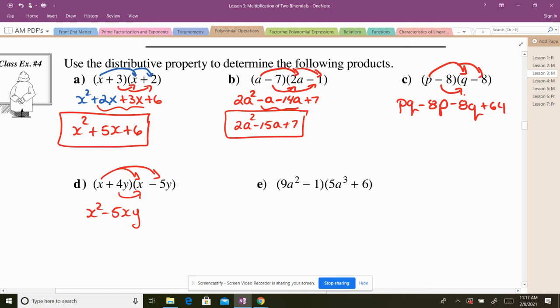4y times x. 4xy. 4y times negative 5y. Negative 20y squared.